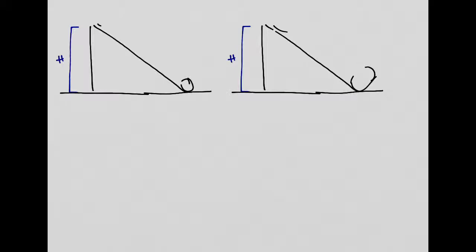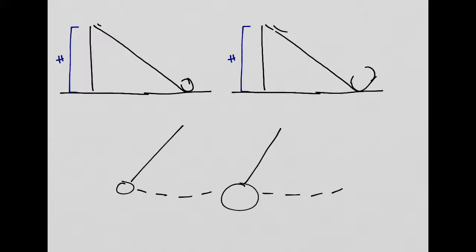Okay, so third question. Imagine you have two pendulums, each with the same length rope, and you let them swing back and forth. Which one swings faster? Again, they're going to swing at the same time.